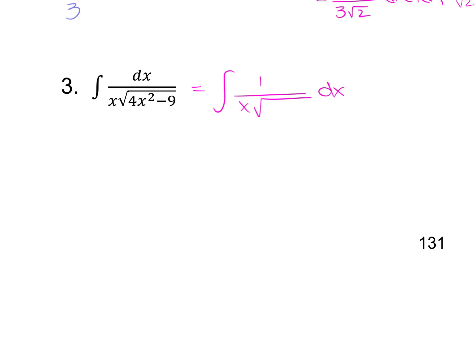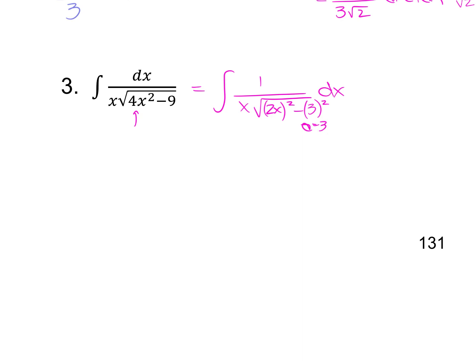So this is close enough to the arcsecant one that it does not matter. Let's go through identifying what is our u and what is your a. The best way to do that is just rewrite. So this is typically my u squared formula, right? So what is my u for this then? 2x is my u. And what is my a? 3 is my a.